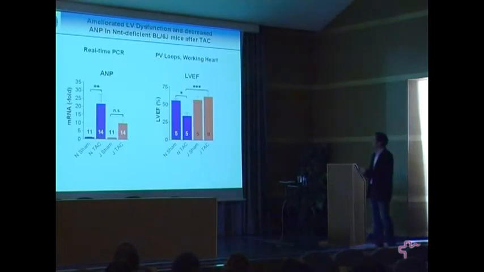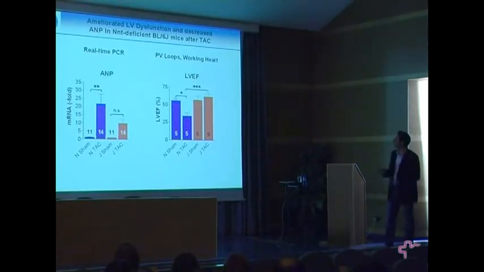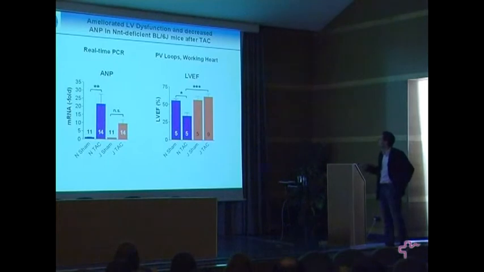When looking at, you remember pulmonary congestion was high. This is normally a sign for increased left ventricular filling pressures. And another biochemical marker for this is ANP, which is elevated with increased left ventricular filling pressures. And this was significantly increased in the N mice after aortic banding, about 20-fold.